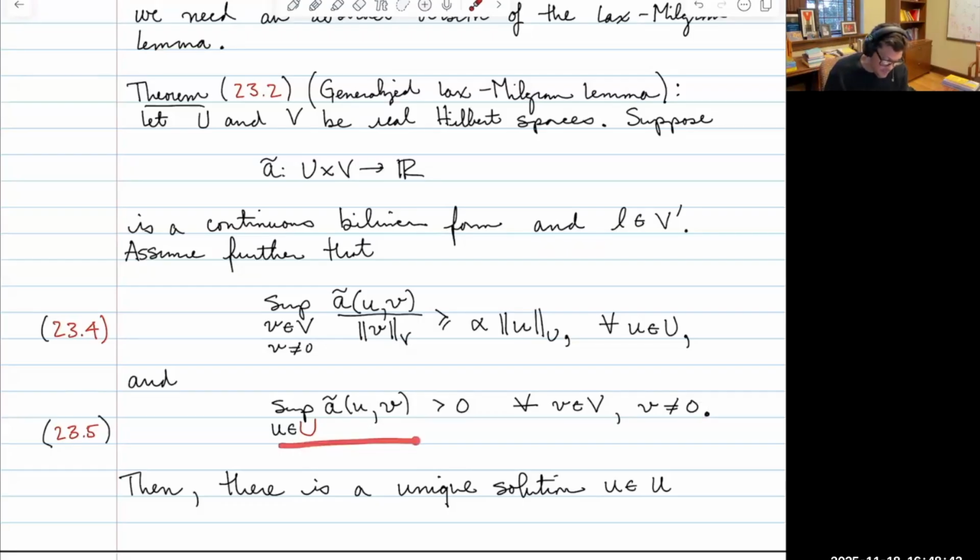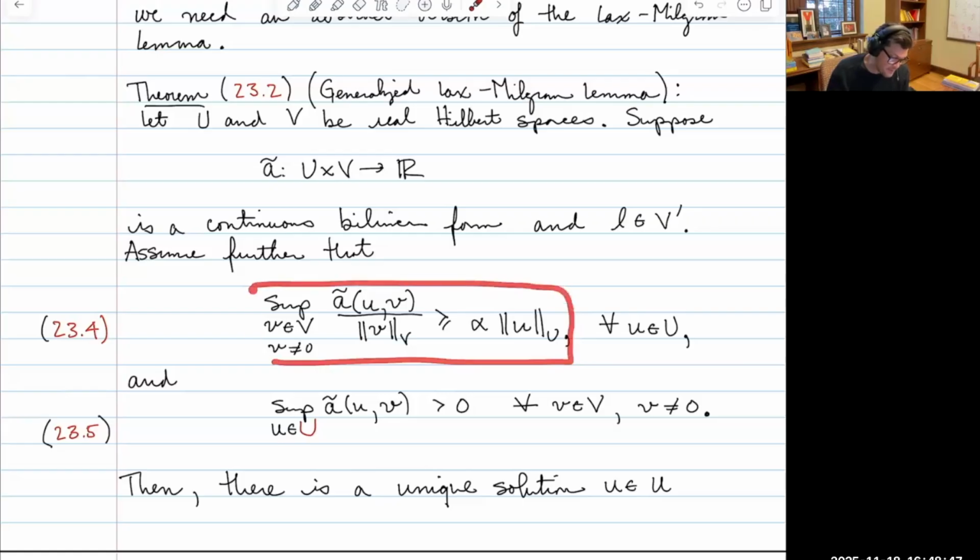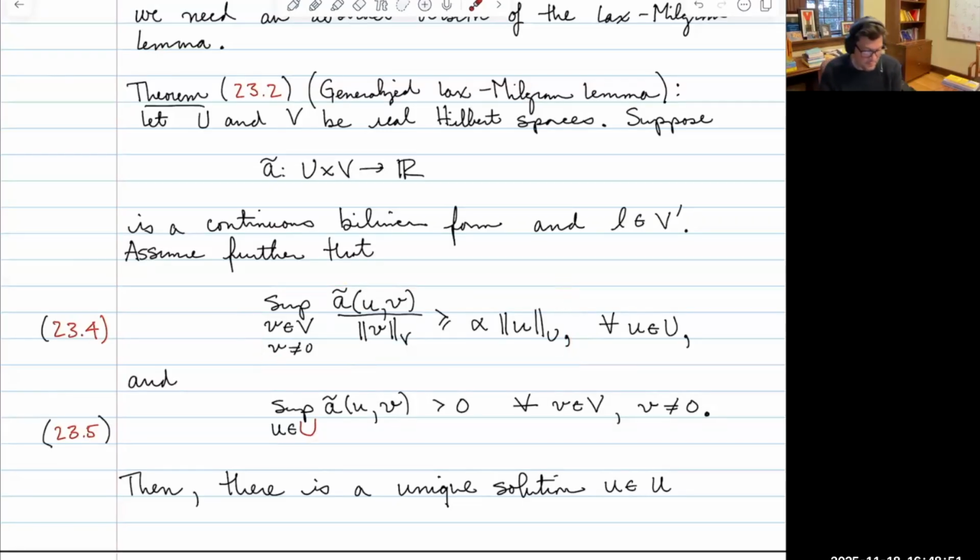We'll come back to this one momentarily, but if we interpret things right, this is already something that we proved for our Stokes problem, as long as we think of A tilde as taking the role of B, or B taking the role of A tilde.